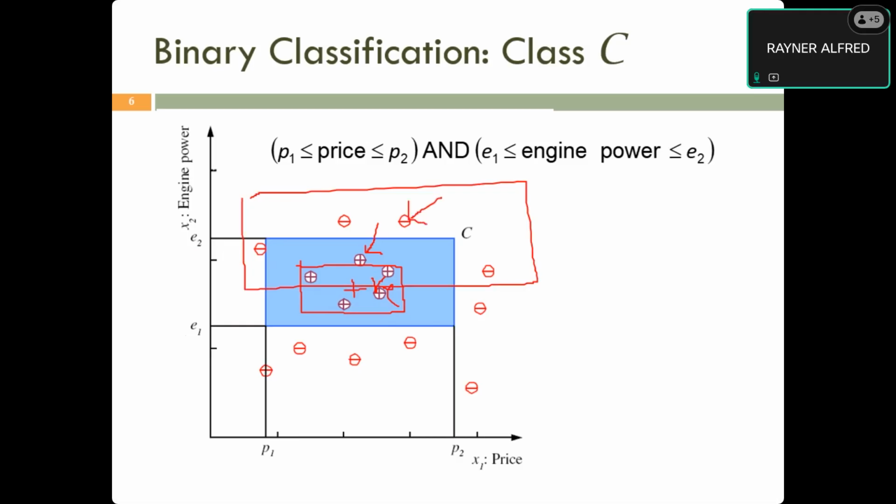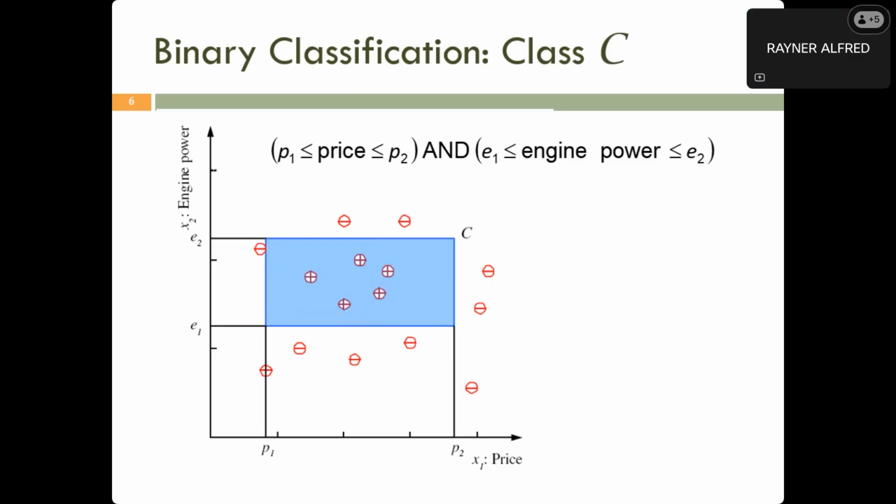False positive. What happened to this? False negative. So we want to reduce the number of false negative and false positive. So that's why they call it training the model. We want to estimate the boxes that will maximize true positive and true negative.